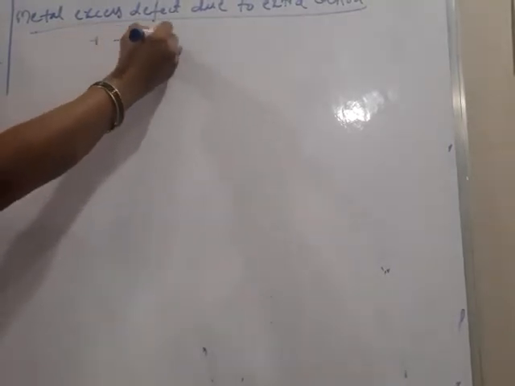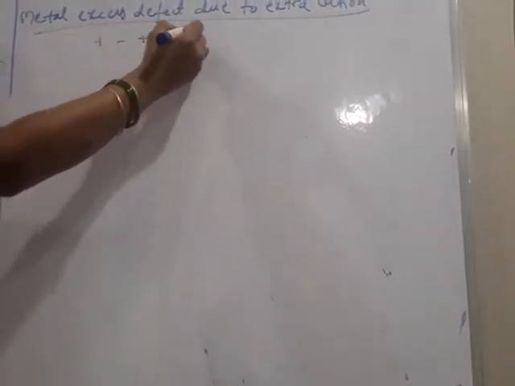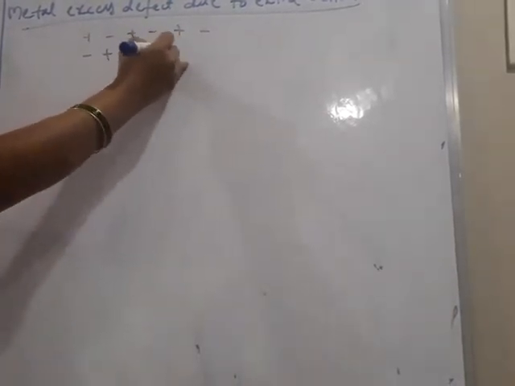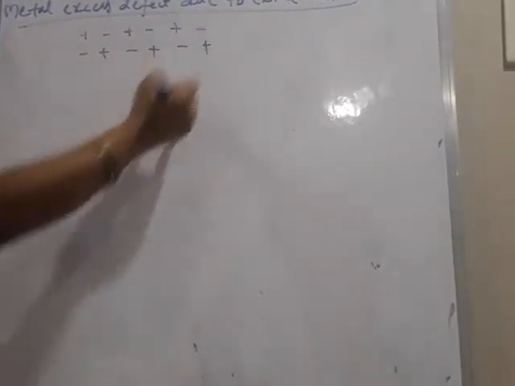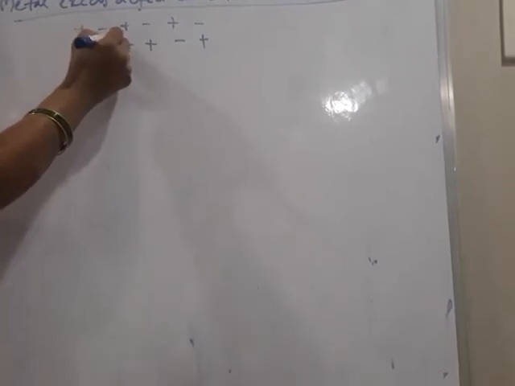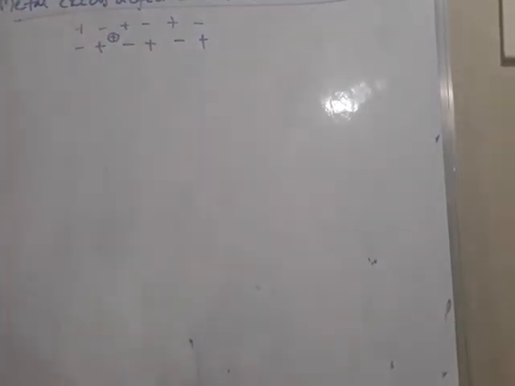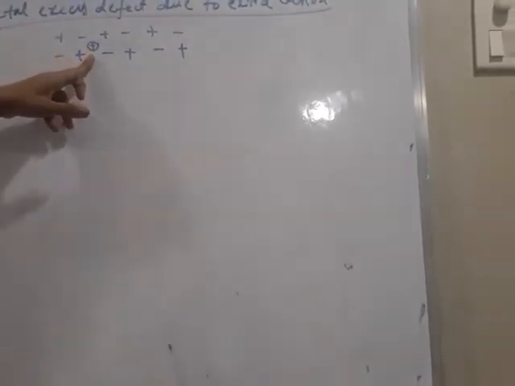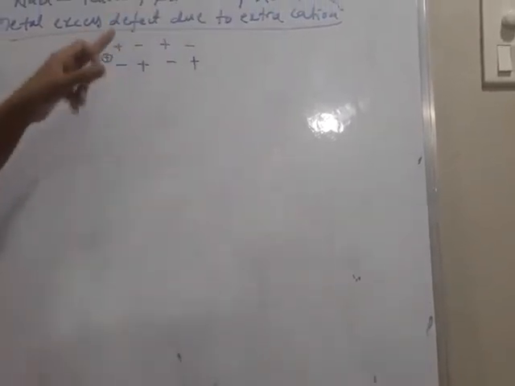Already a sufficient number of cations and anions are there. If one more cation occupies the interstitial position, metal excess is there due to the extra cation.